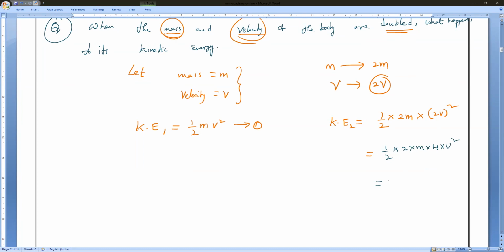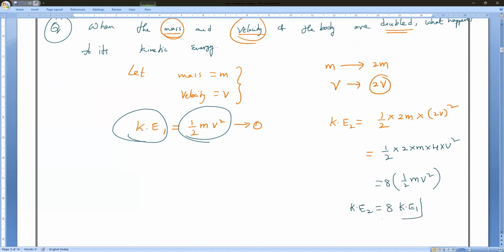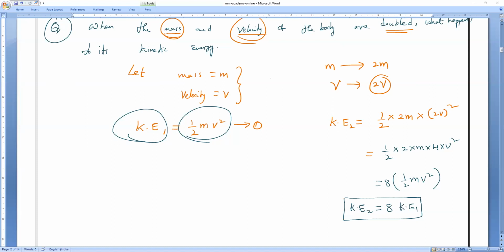So 4 2s are 8. So 8 times 1 by 2 mv square. 1 by 2 mv square is the initial kinetic energy. So final kinetic energy equals 8 times the initial kinetic energy. Very good. Do it.